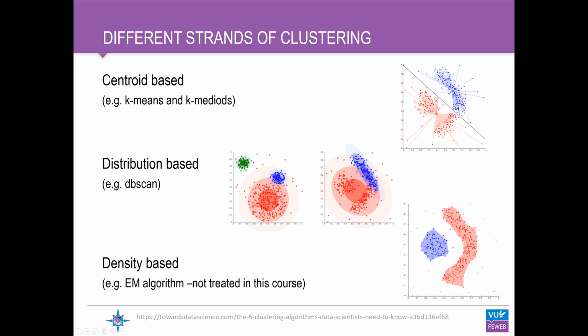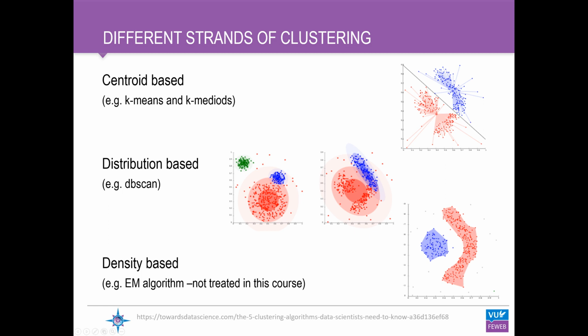So either it's based on the distribution or the density. As you can see, when it is round, it means there's a normal distribution. There's a center, and the further you move away from the center, the fewer points there are in each direction.